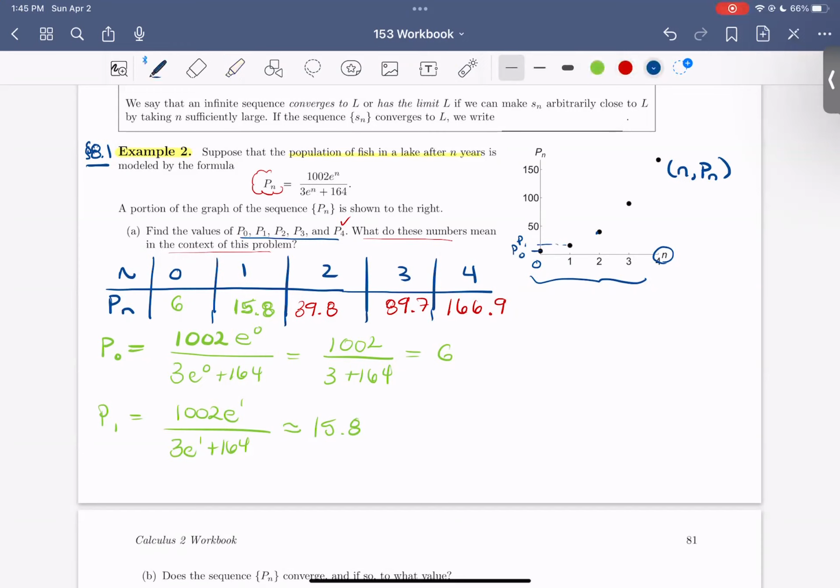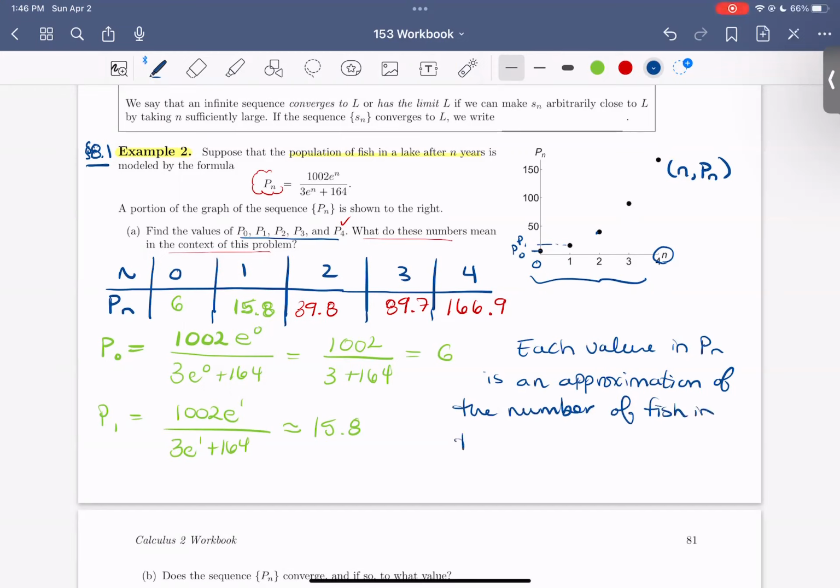So each value of P sub n is not specifically the number of fish, because we don't have 7/10 of a fish, but is an approximation of the number of fish in the pond after n months.